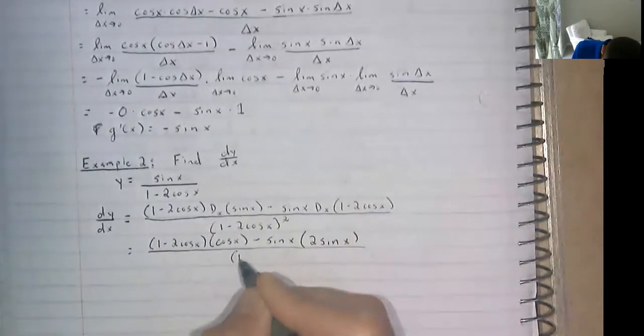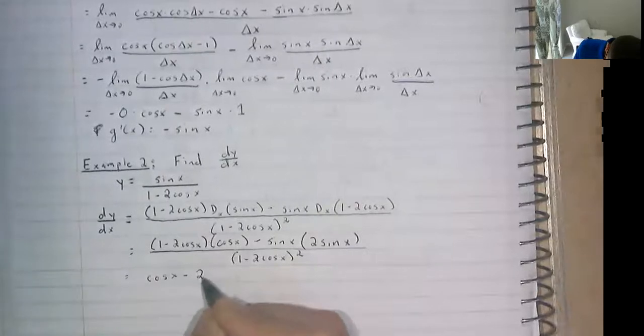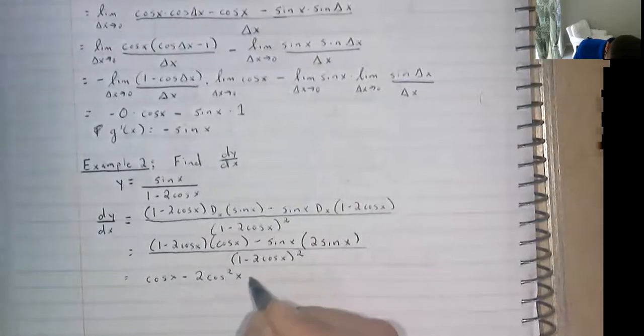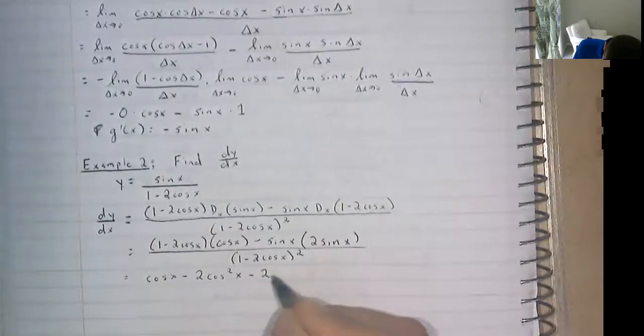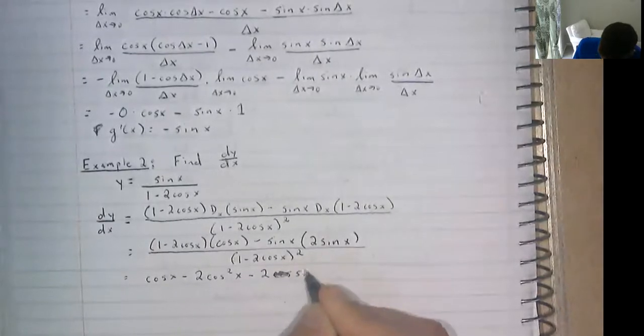Yeah, that's okay. We'll do some distributing here. To get the cosine of x minus twice cosine squared x minus twice sine squared x.